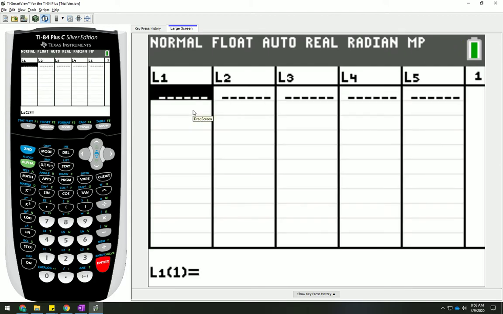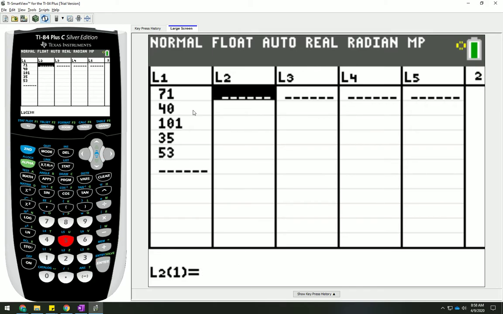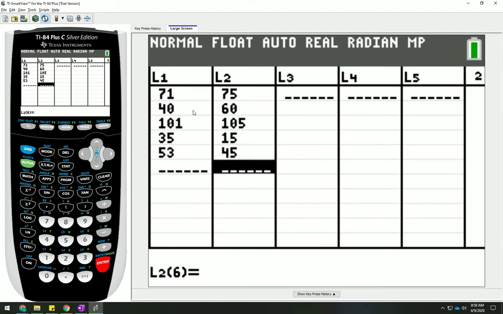And this is taking me to my lists, and I'm going to enter all of these different values into the calculator one at a time, just like we had them in the table. So I have all my observed values in the first column, and then everything that I expect is going to be in the second column. Okay. Once I have this written down, I can start to perform my different checks.